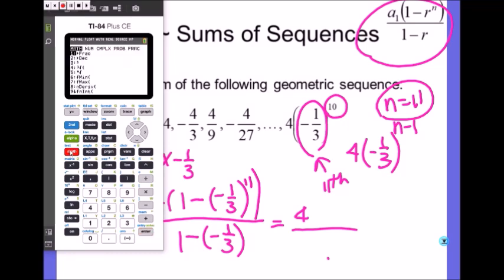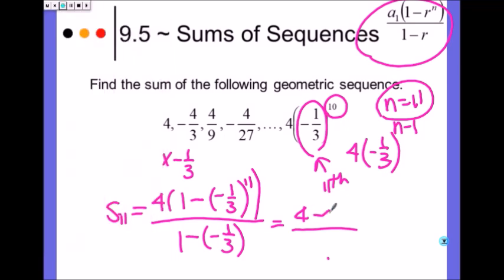Hit math to change it to a simplified fraction. Oh, there's no fraction. So it's almost 1. Do you see it? Let me just double check. Yes, it's like 1.000. So minus 1.000. And then what's 1 minus negative 1/3? This is 1 is 3 over 3 plus 1/3 is 4/3.